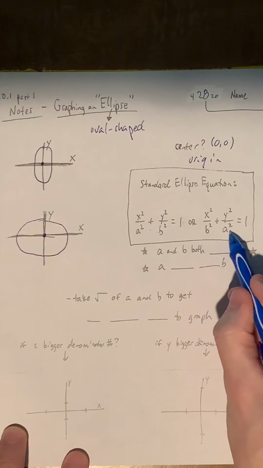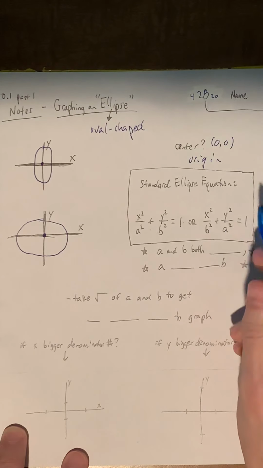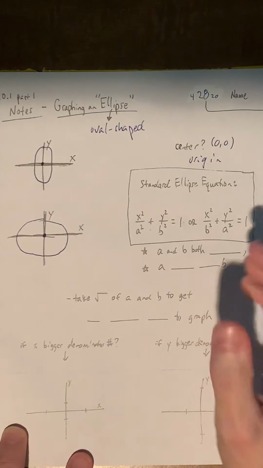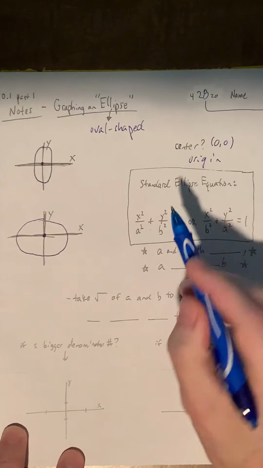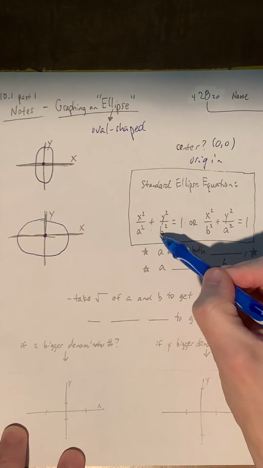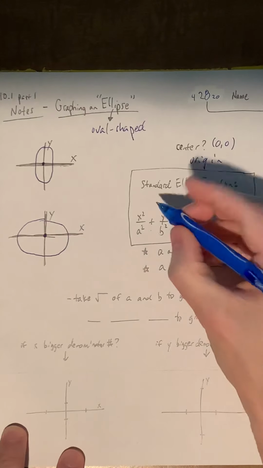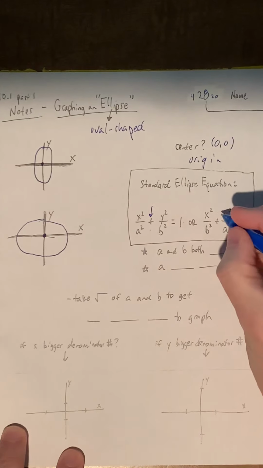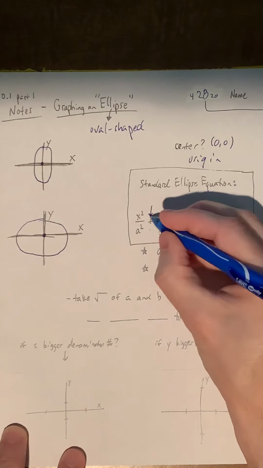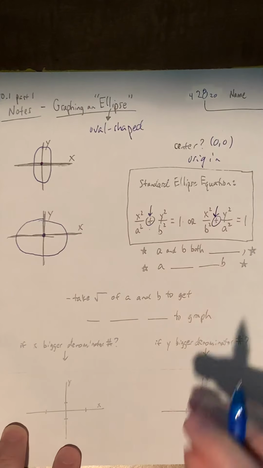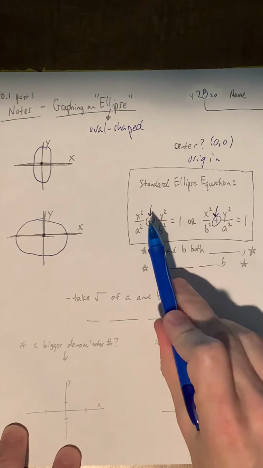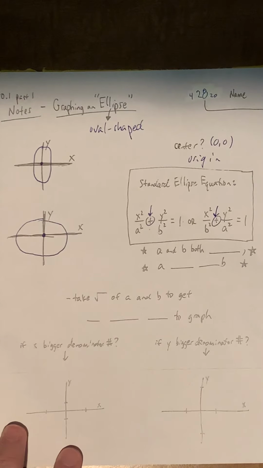Over here, you have B and A. Don't really worry too much about A and B for right now. But here's what you're going to have. You got two fractions equal to 1. You're always going to have a plus sign. All right, so when you have an ellipse, you're adding the two fractions, okay? You're not going to see a minus sign right now.